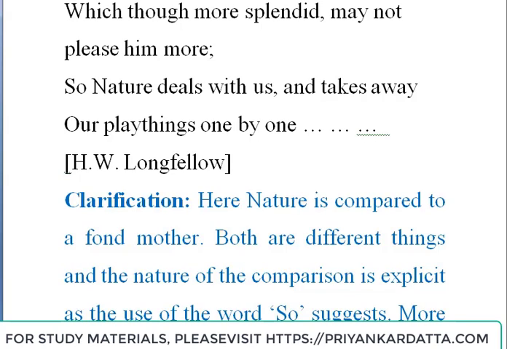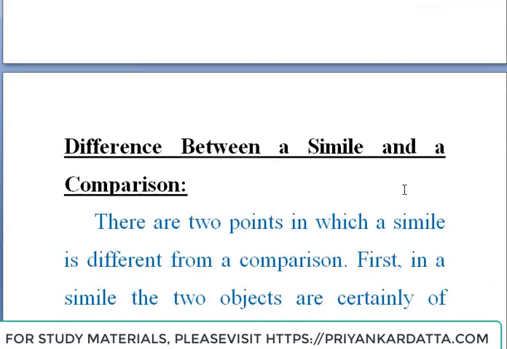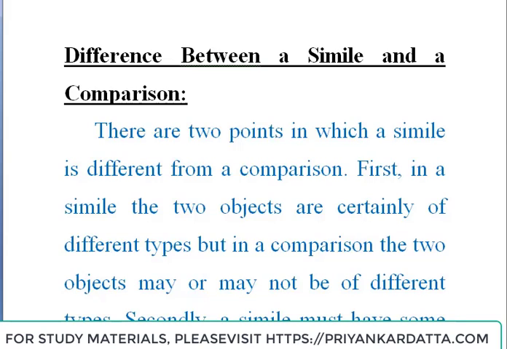Okay. Now we have known about what a simile is. We have also known about the 4 types of simile. Now, in order to concretize our idea of a simile, we shall look at the difference between a simile and a comparison. We all know what a comparison is, but we do not want to get confused.